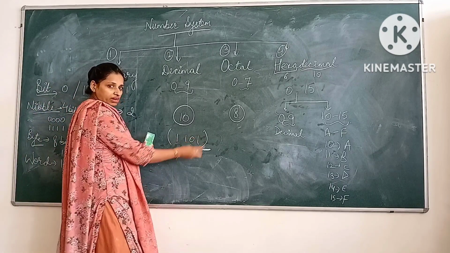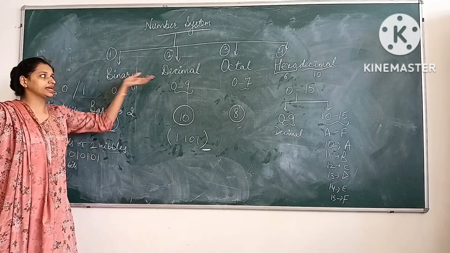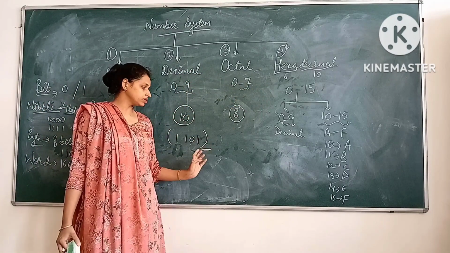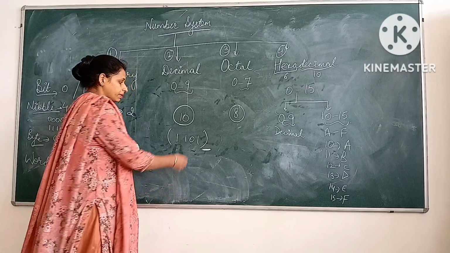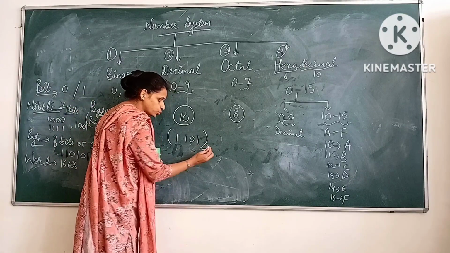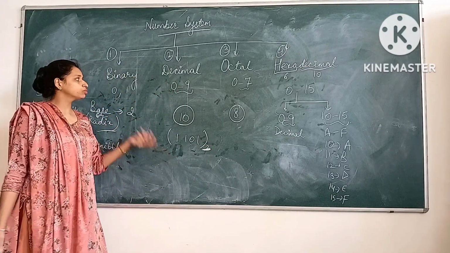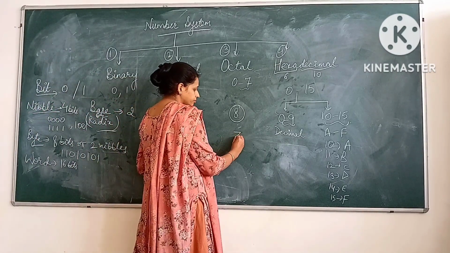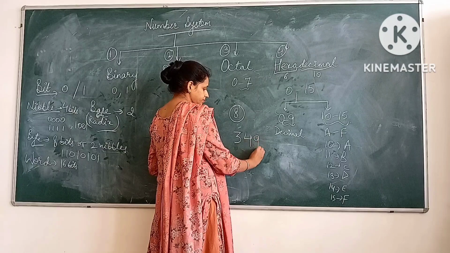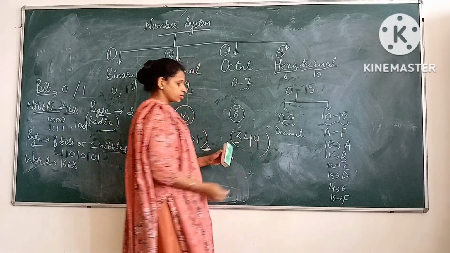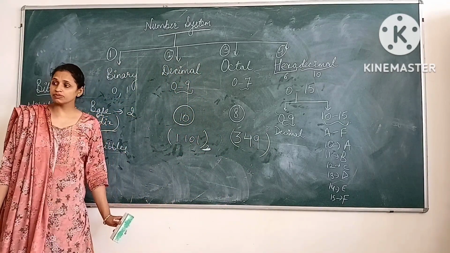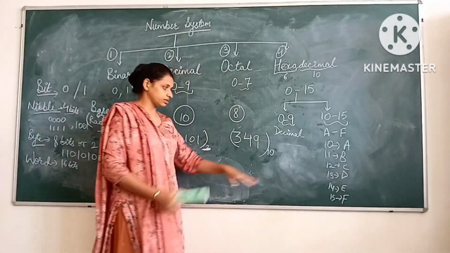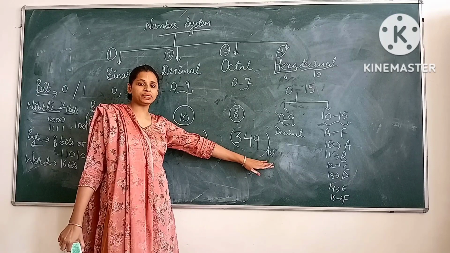Means 1101 can be binary, decimal, octal, or hexa, because it is 0 1 only. But if we write here 2, that means it belongs to binary number system. Similarly, 349 belongs to decimal number system because here base is 10, that means decimal.